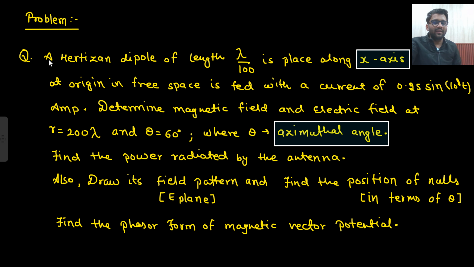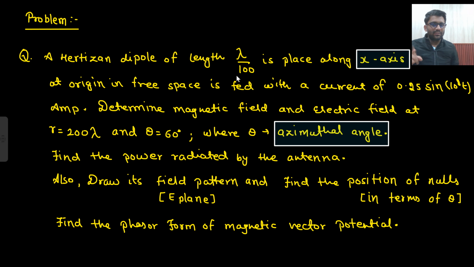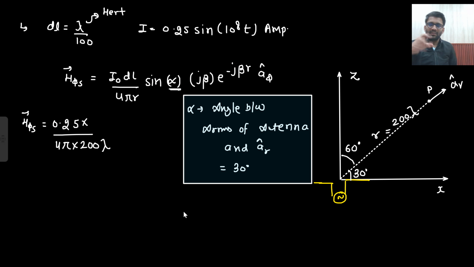Otherwise, if they had directly written a dipole antenna of length lambda by 100, then also you could have told that it is a Hertzian dipole only. Why is that so? Because the length is lambda by 100, which is less than lambda by 50. So certainly it is a Hertzian dipole antenna. So all these formulas are applicable only for a Hertzian dipole.